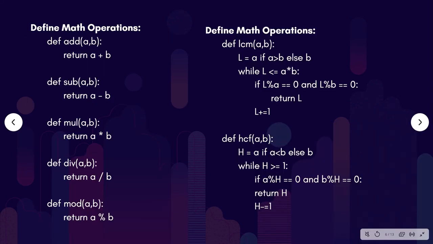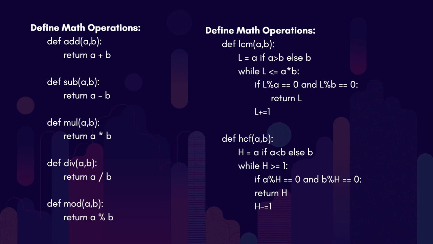You will understand by only going through once. So we would simply define add with two numbers a and b, and then just return a plus b. And similarly, we will define functions for subtraction, then for multiplication, division, and modulus. And then we will also define functions for LCM and HCF.